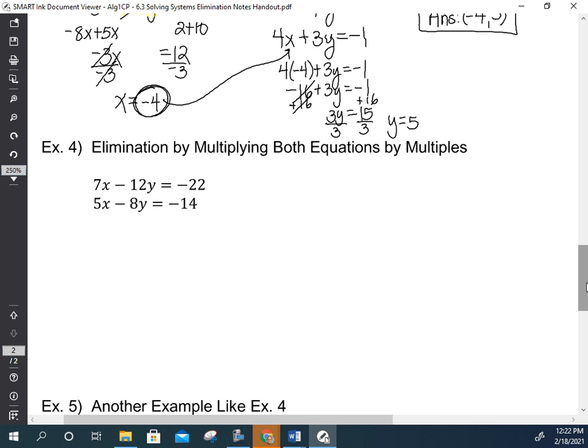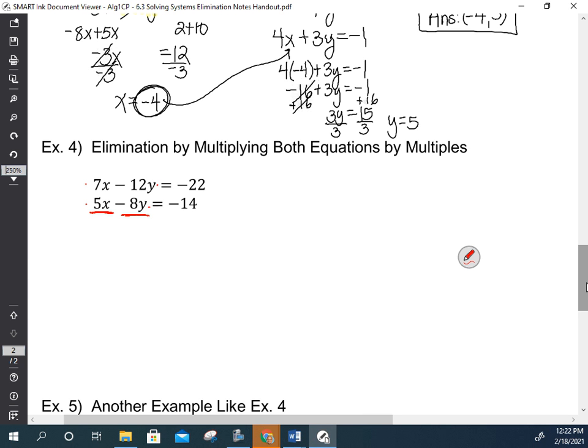So remember, opposites mean you need the same number with different signs. The x's are not the same number, and they're not different signs. Look at your y's.